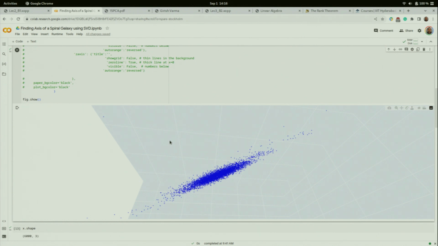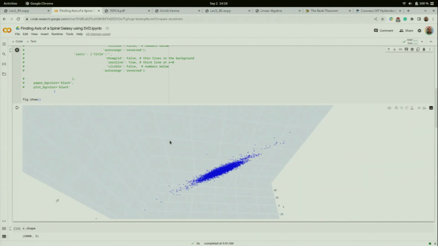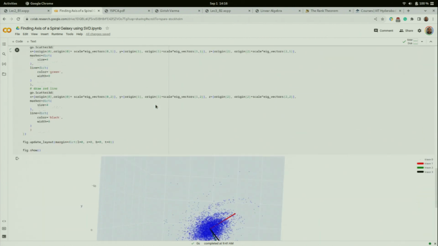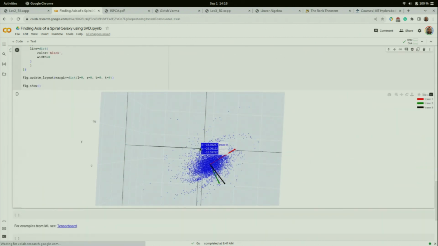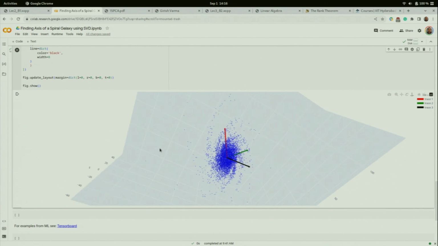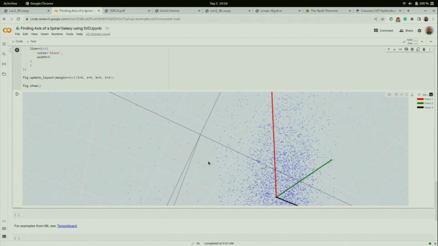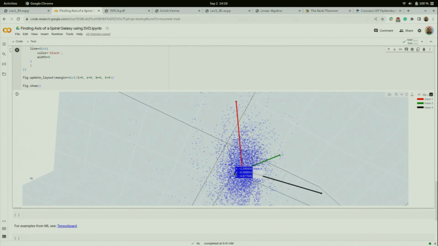So, I will show the later part of the code, just a second. Our goal is to find this axis system. There is a red, green, black axis.